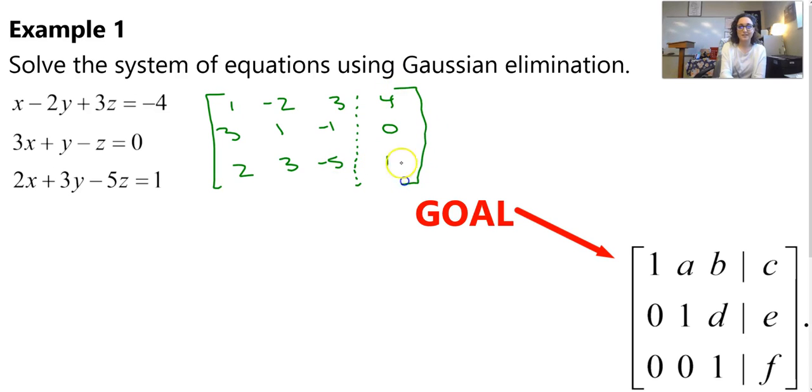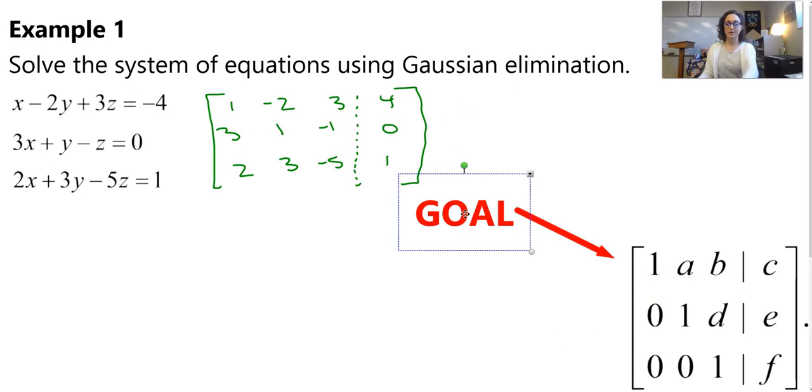Okay, so this is my augmented matrix to represent the system I started with. My goal is going to be to mess with this enough to get it to look like this matrix here. Again, you've got zeros in your lower triangular, ones in your major diagonal, constants everywhere else.